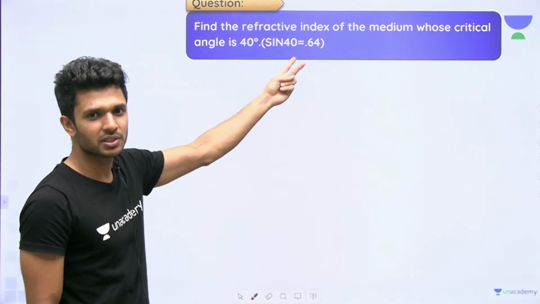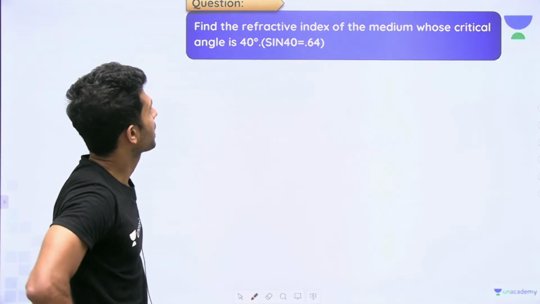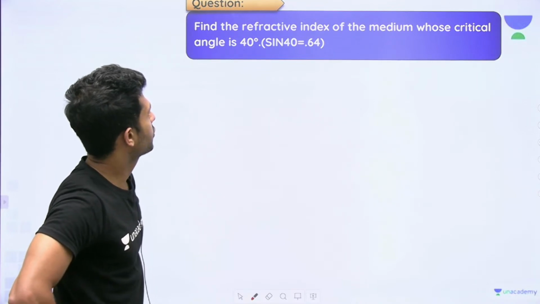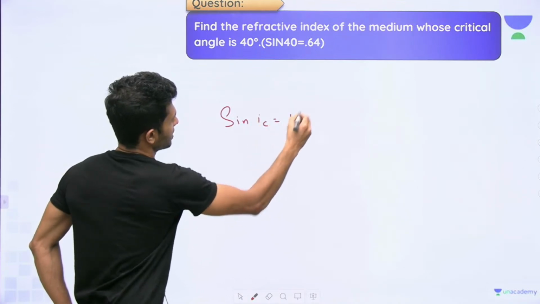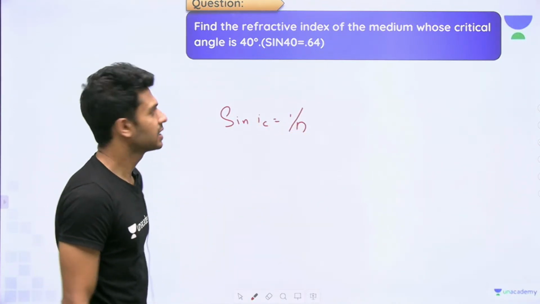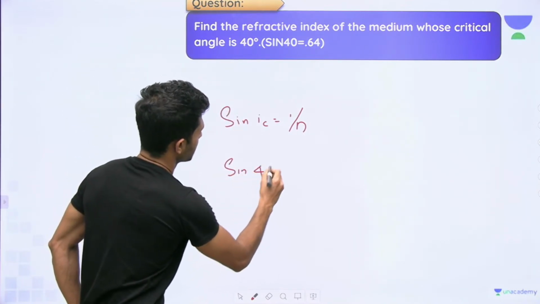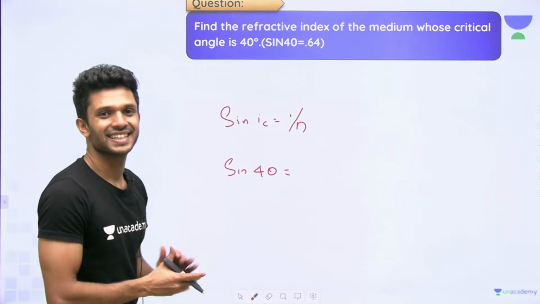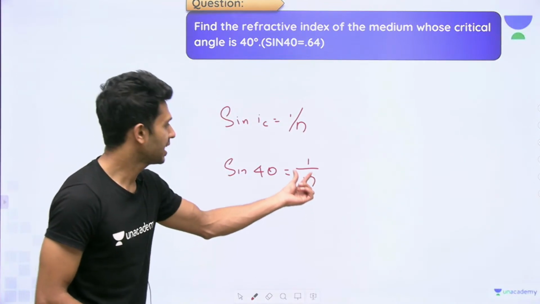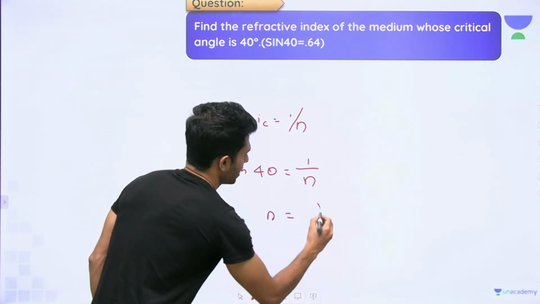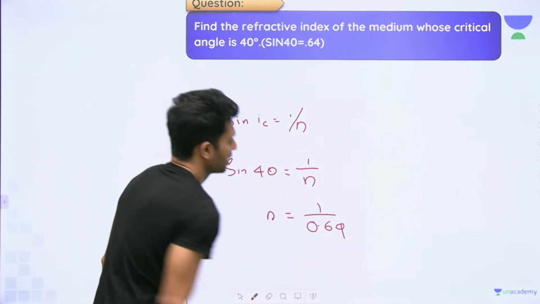Okay, now the opposite. Find the refractive index of the medium whose critical angle is 40. Formula again, sin ic is equal to 1 by n, right? And the critical angle value is given, so substitute. If you have done it, you'll get the answer. n will go up: 1 by sin 40, whose value is 0.64.